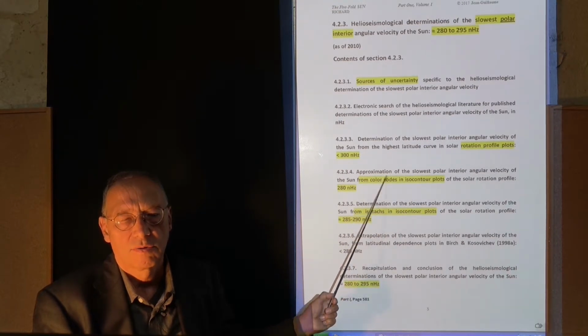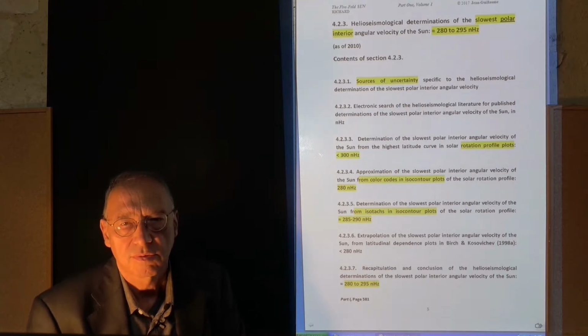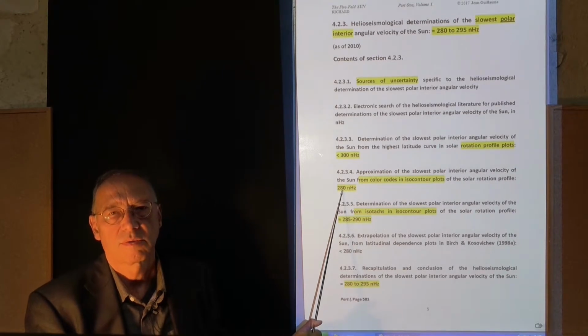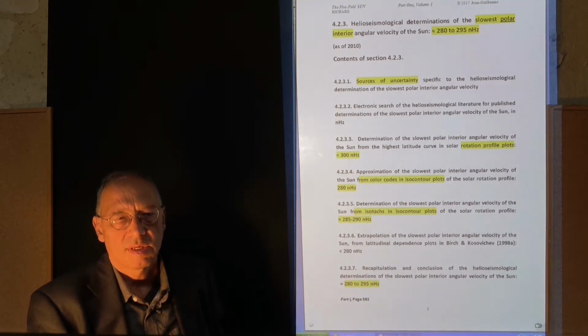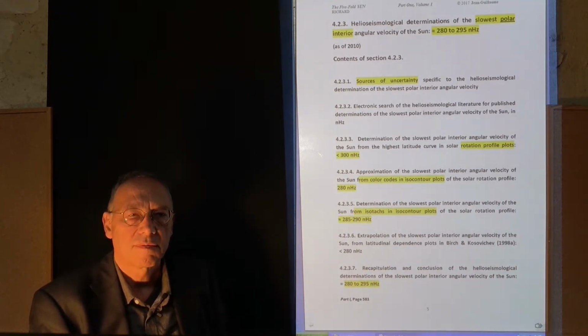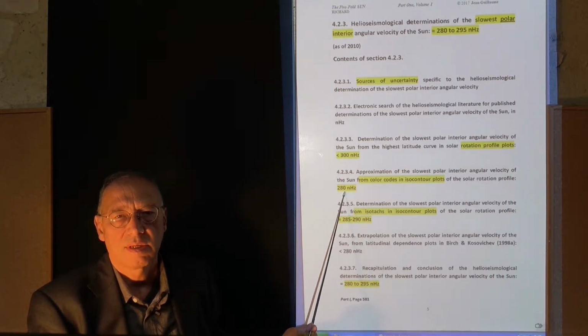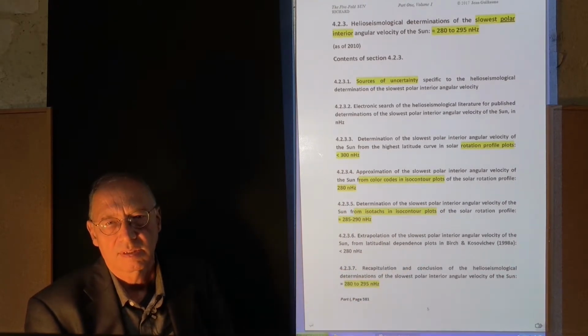We have color codes which tell us what is the band of angular velocity that is detected at a certain isocontour plot, or between two certain isocontour plots. And we can conclude from a meta-analysis of published results as of 2010, when this investigation in the frame of the Fivefold Sun project ended, it is about 280 nanohertz, the slowest polar interior angular velocity in the Sun.